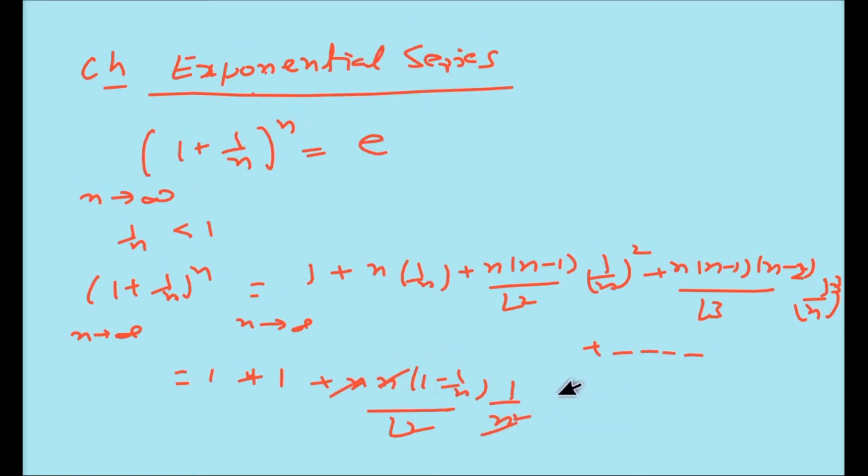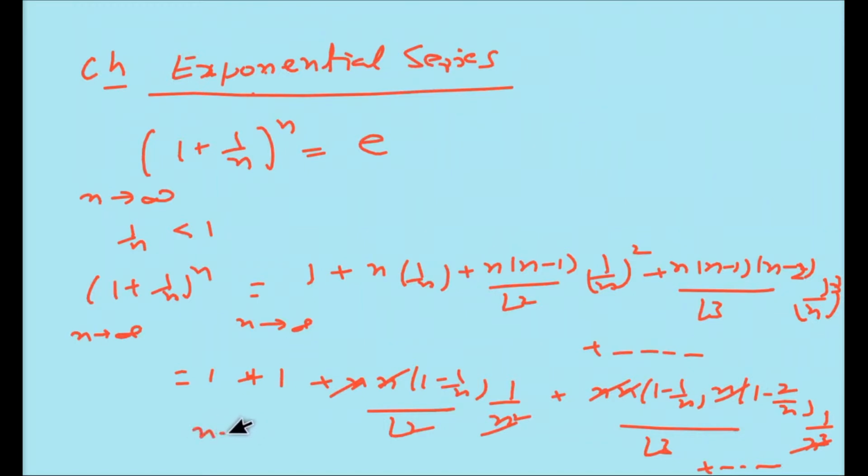Similarly, in this term we take n common, (1 - 1/n), and (1 - 2/n), over factorial 3, 1/n cubed, plus and so on. Here n cubed is also common, and we have to take the limit as n tends to infinity.